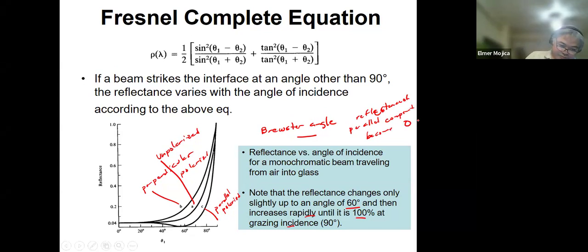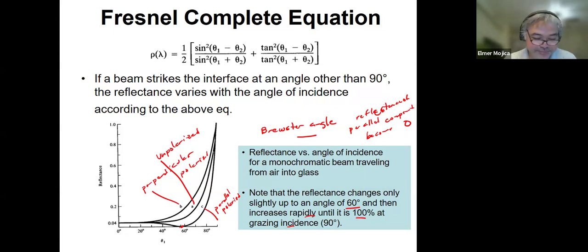Where do you observe that? Maybe we can consider this as 0. Okay. So I think that is what you call the Brewster angle.